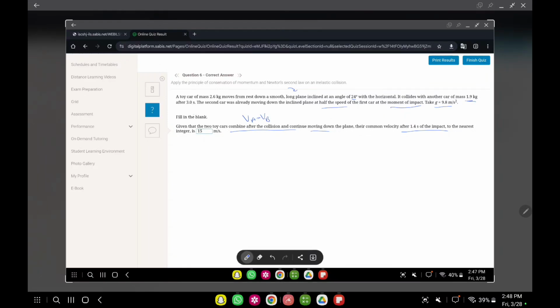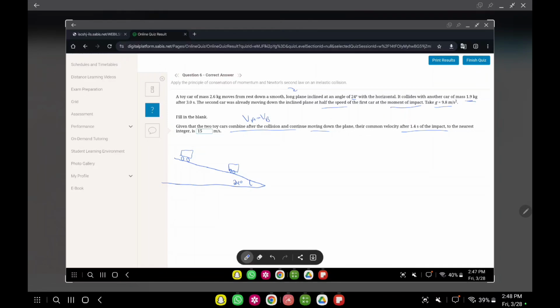This is a type of question that you will definitely see if you're doing AS mechanics. Definitely. When you have an inclined plane, I always say it's better for you to draw. So you draw the 24 degrees, you have the first car over here, and you have a second car over here.